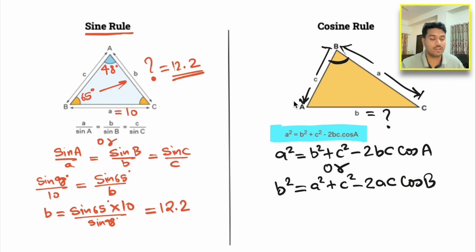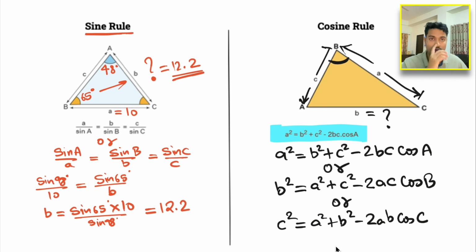Similarly, when we have to find the other side, let's say c, c squared will be a squared plus b squared minus 2 into a into b into cos C. So this is how we use the cosine rule.